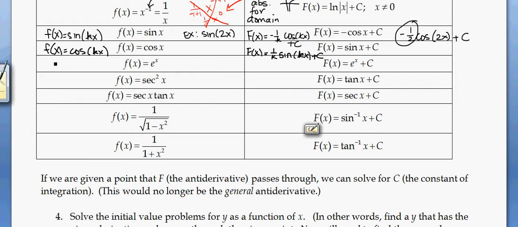And more generally, the antiderivative of e to some constant times x, in the same fashion, would be 1 over k e to the kx plus c.